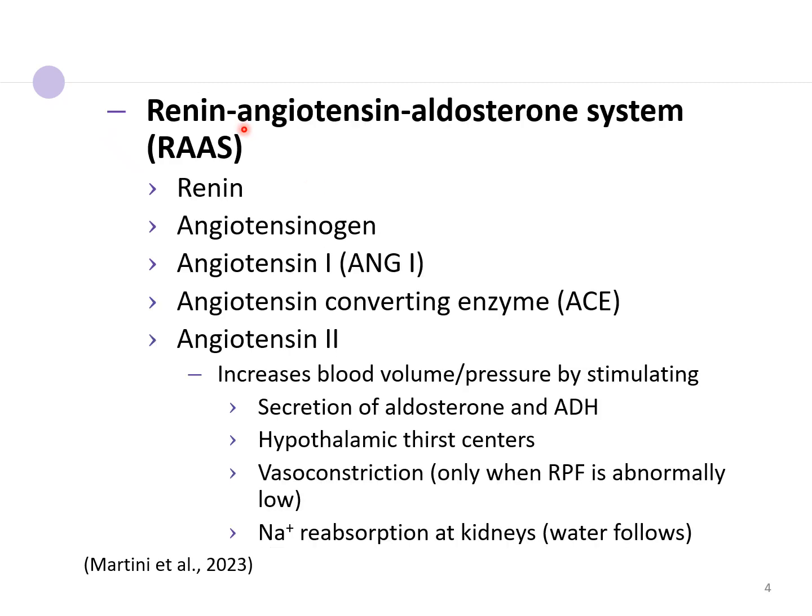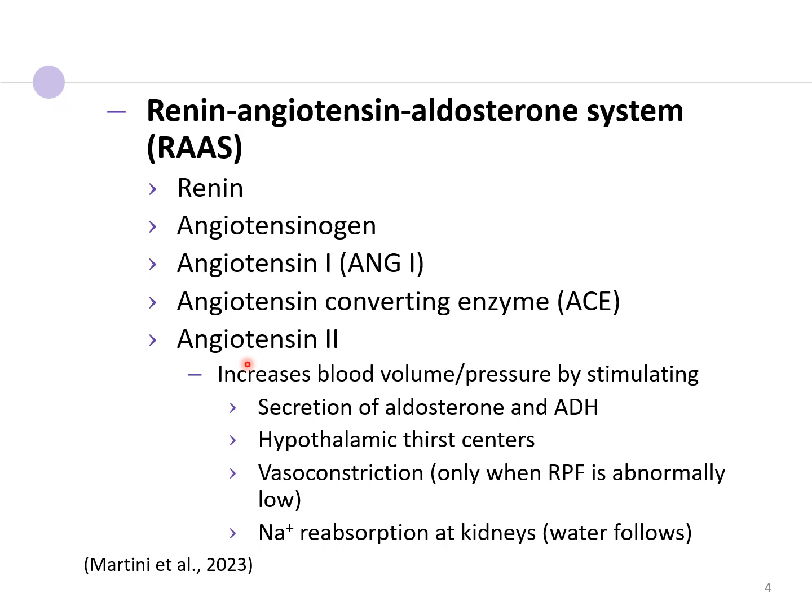The way the renin-angiotensin-aldosterone system works: renin is secreted by the kidney. Angiotensinogen, which is secreted by the liver, is converted to angiotensin 1. Then the angiotensin converting enzyme, secreted mainly by endothelial cells, mainly in the lungs, converts angiotensin 1 to angiotensin 2.